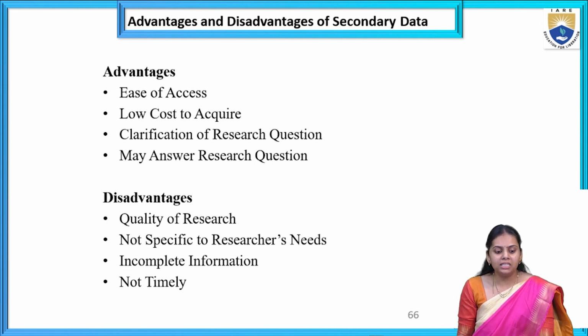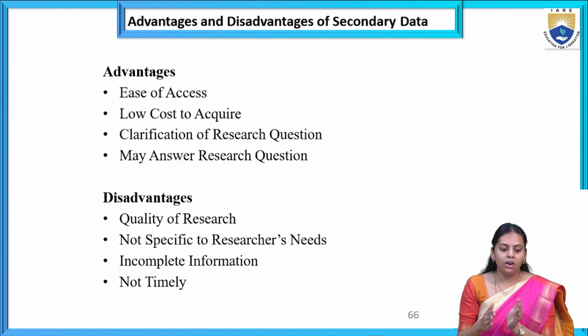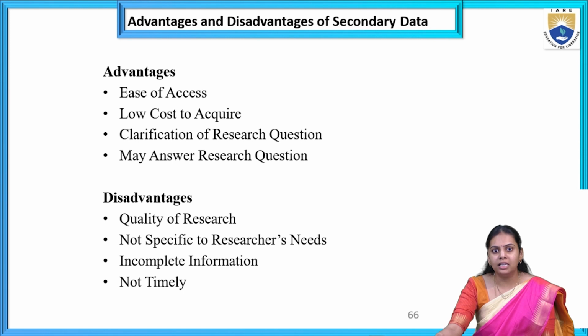So the major limitation is the quality of research, which is already existing or discussed by other persons, not specific to the researcher's need sometimes. There is also incomplete information, because every secondary data has some limitations, and it is generally not timely.